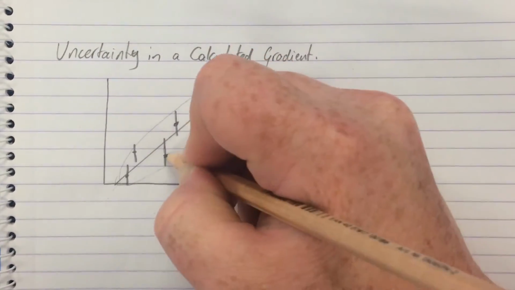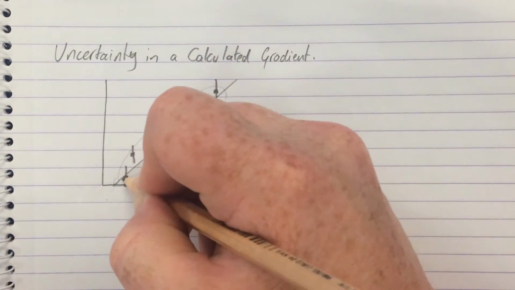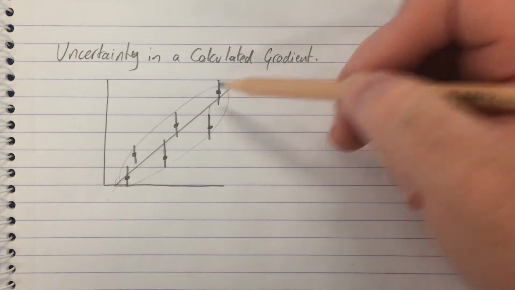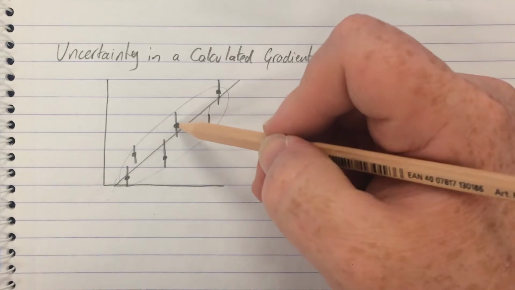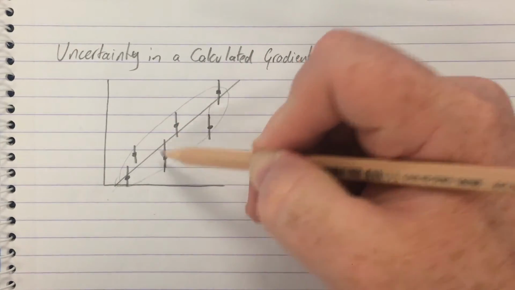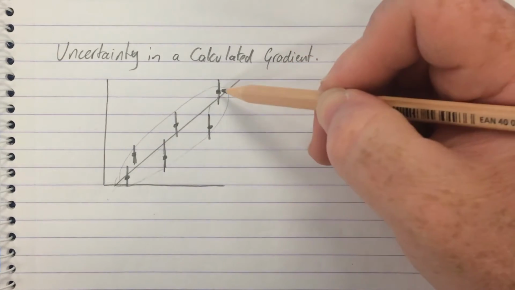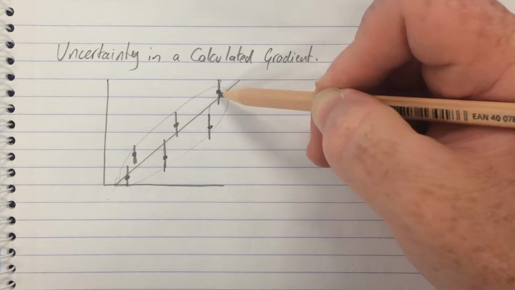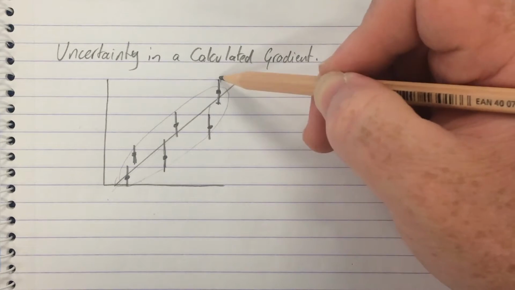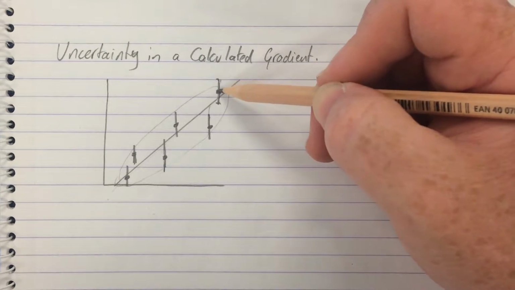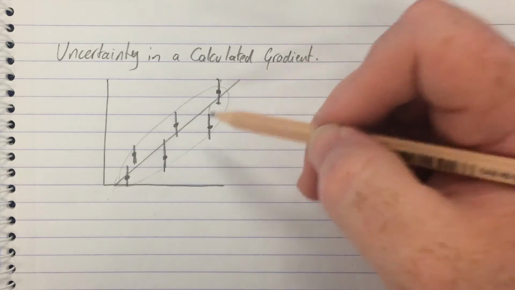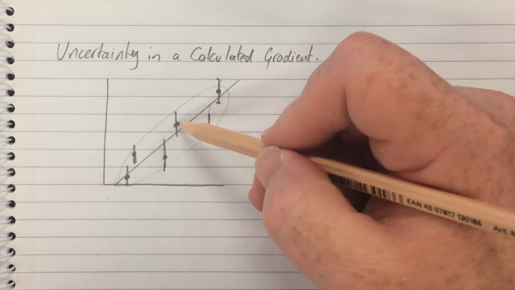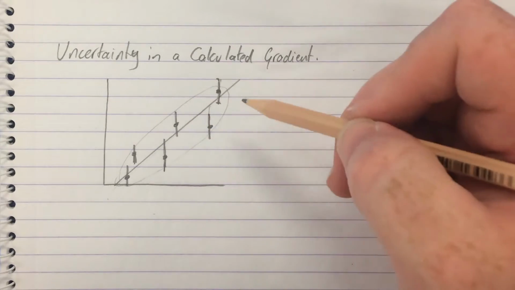So if each of these horizontal lines was equivalent to 1 unit, then what we would have here would be basically the value plus whatever the uncertainty is and minus whatever that uncertainty is. So it would be about plus or minus, say, 0.8 of a unit. I think this graph represents about plus or minus 0.8 of a unit.